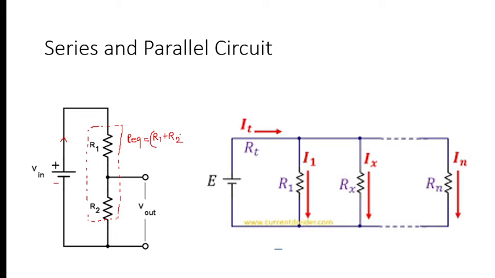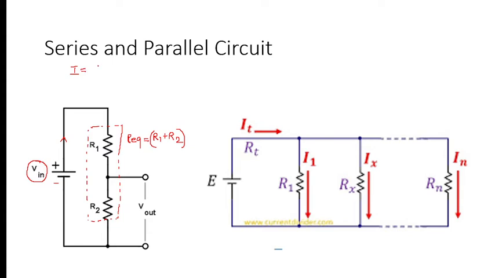Now this amount of resistance, R1 plus R2, is present in the circuit, and this is the voltage source. So what amount of current will flow? As per Ohm's law, you know that there is a relation between voltage and current, that is V equals I into R. So if I want to get the current, I have to divide the voltage by the total resistance of the circuit.